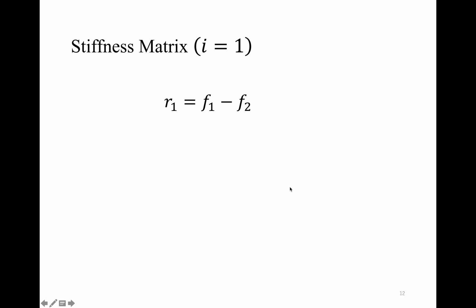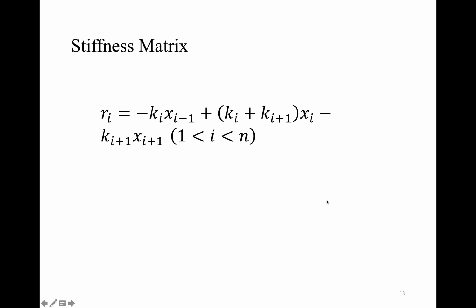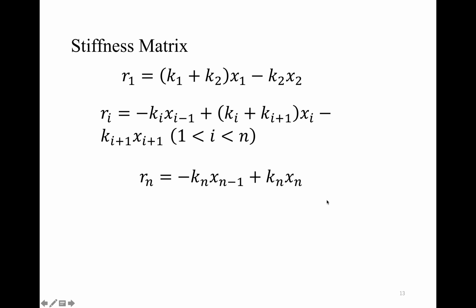Last case, i equals 1. R1 is equal to F1 minus F2, that is K1 U1 minus K2 U2, and U1 is X1, U2 is X2 minus X1. So we get X1 times K1 plus K2, and X2 times minus K2.